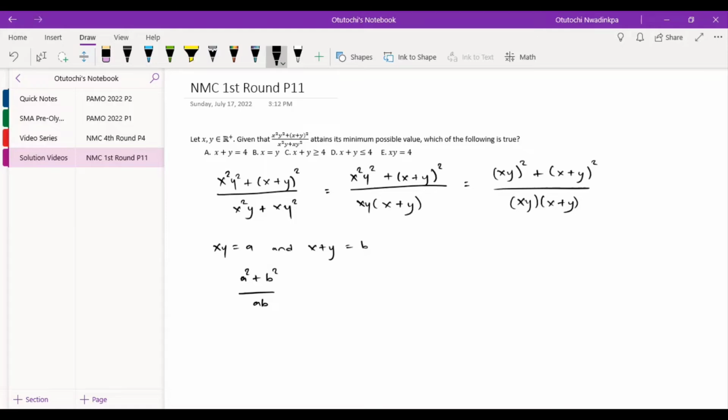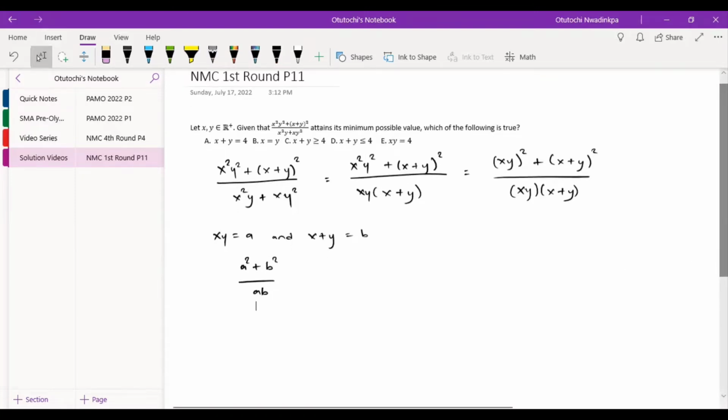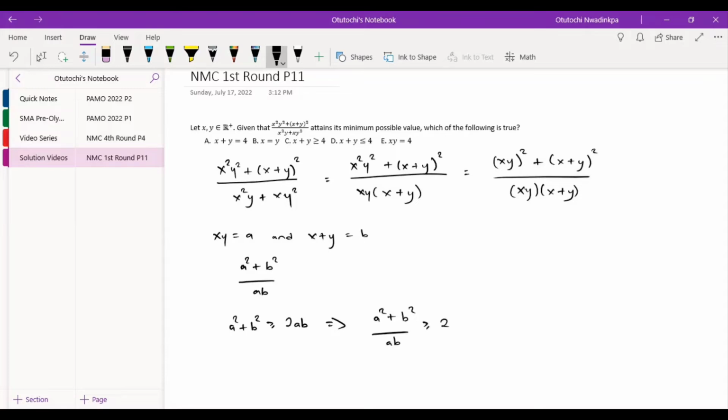So how do we deal with this? This is where inequality comes in, and to handle this, you're going to use AM-GM. AM-GM tells us that a squared plus b squared is greater than or equal to 2ab. So this implies that (a squared plus b squared) over ab is greater than or equal to 2.